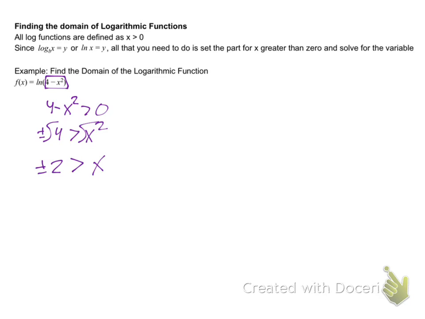In this case, you can be less than 2 and negative 2 at the same time. But a lot of times, you got to remember, this is an inequality. This is a parabola, right? It's going to cross at 2 and negative 2.